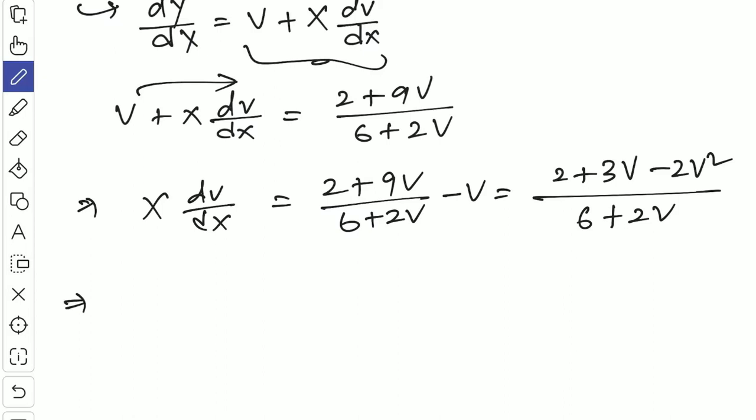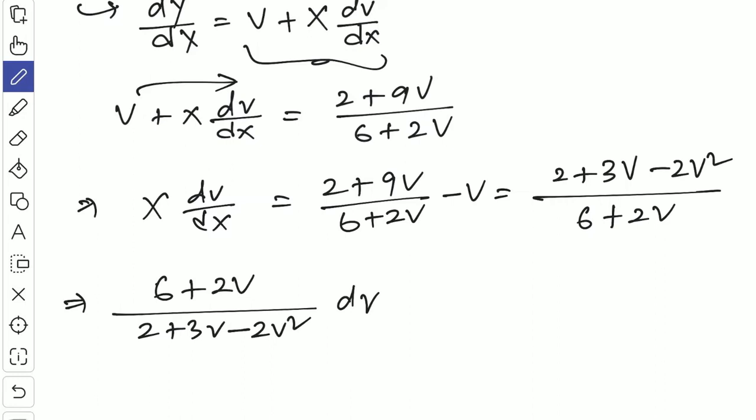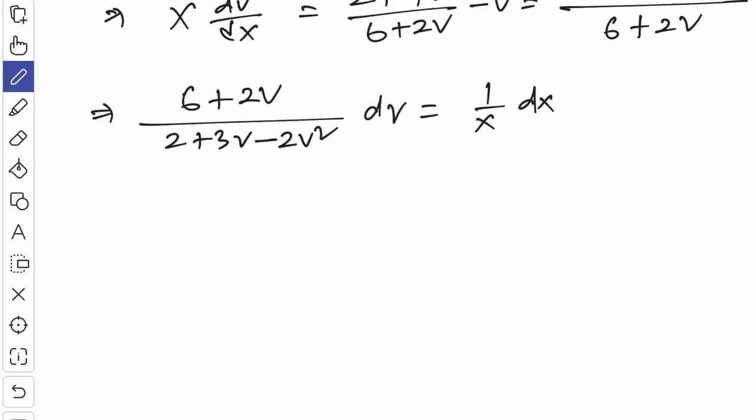So then let us separate the variables. Then we will get (6 + 2V)/(2 + 3V − 2V²) dV on one side, and on the other side, 1/X dX. Okay, so here you see what we have done.